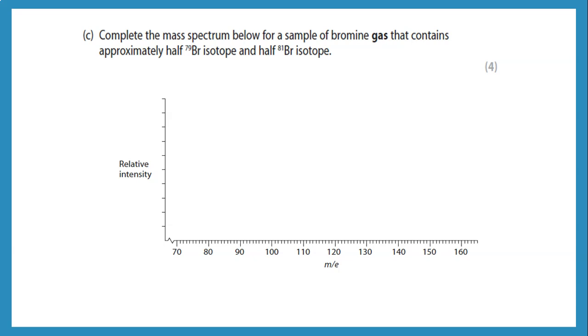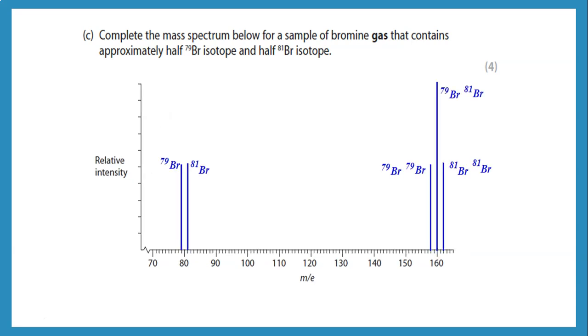When we bombard them, we break them up, and one of the fragments would be the individual atoms. So these are the different choices that we have. I have a peak for the Br79 and a peak for the Br81, and they are approximately half and half, so they have the same relative intensity.